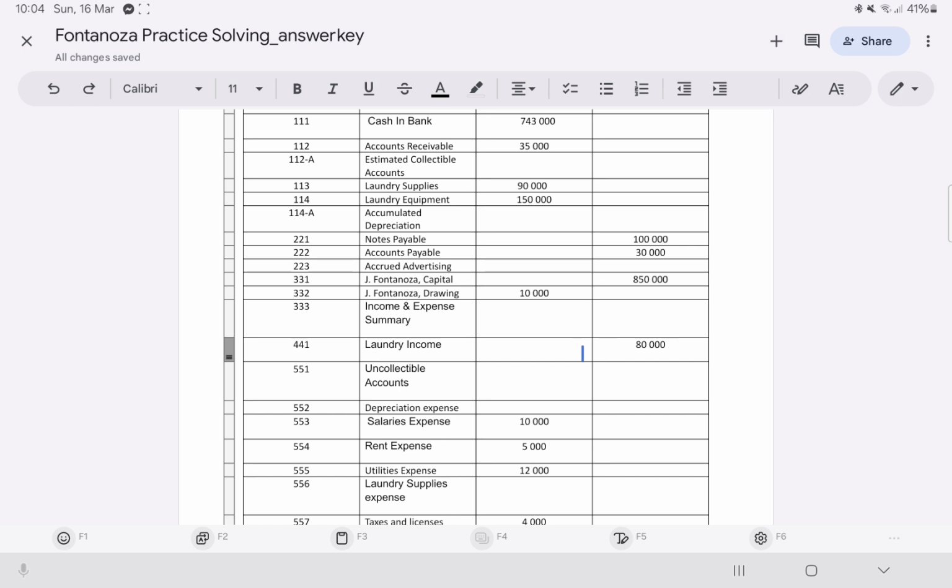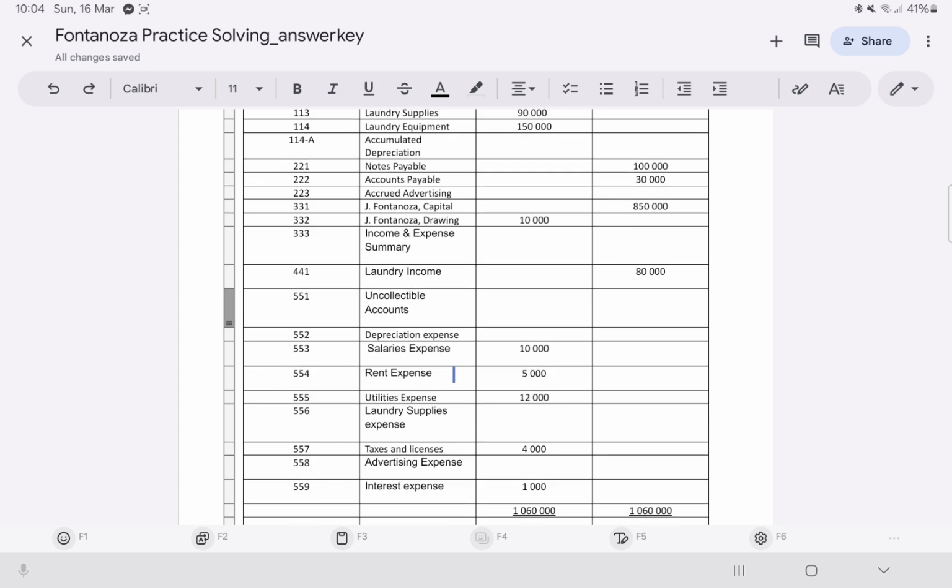So as I mentioned earlier, the laundry income amount is on credit. Uncollectible accounts, no data yet. Okay, so just indicate the data because we can use that by the next meeting. Depreciation expense, no data yet.